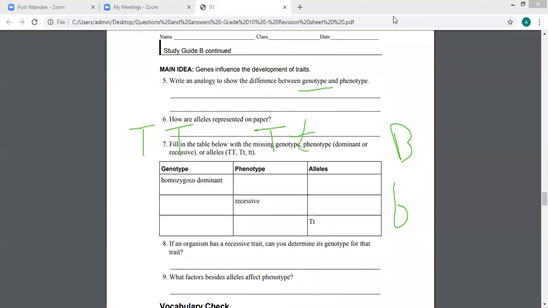First one homozygous, second one heterozygous, and we have T small, T small, similar, also homozygous. We have three cases: T capital T capital and T small T small represent homozygous alleles. T capital, T small represents heterozygous alleles.